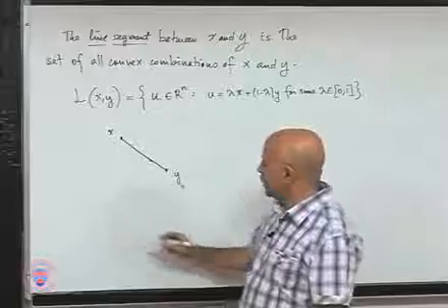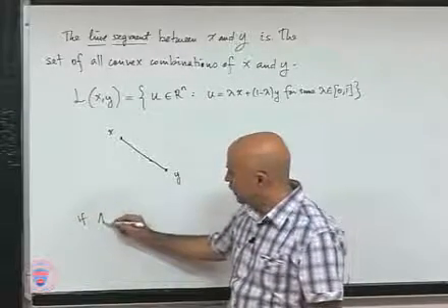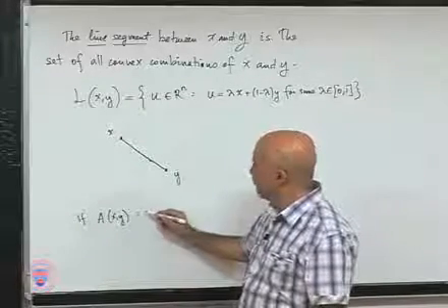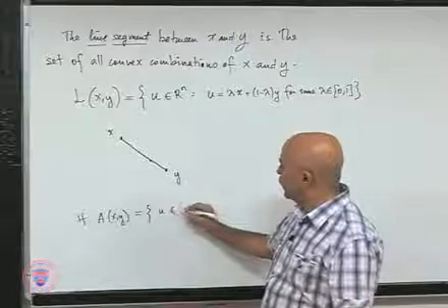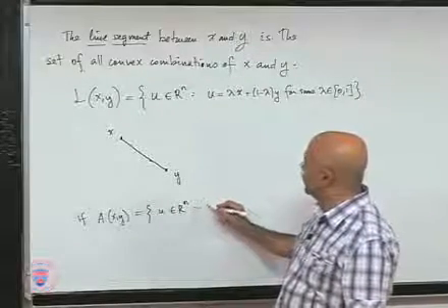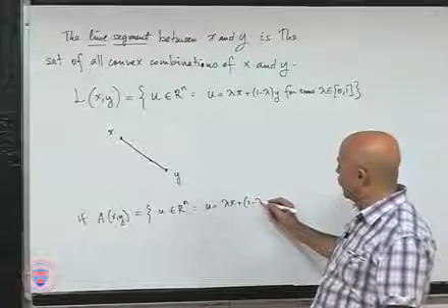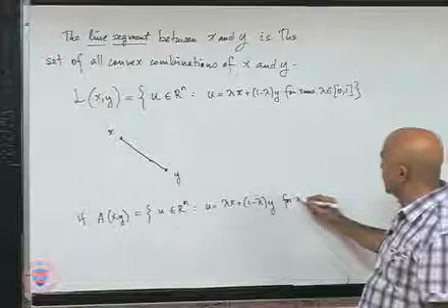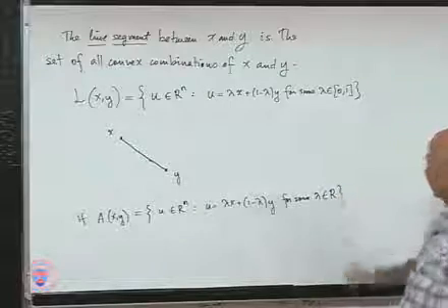What about the affine combination? If A is the set of points defined by U in Rn, where again U is equal to lambda x plus 1 minus lambda y, where lambda is some number in the real line.